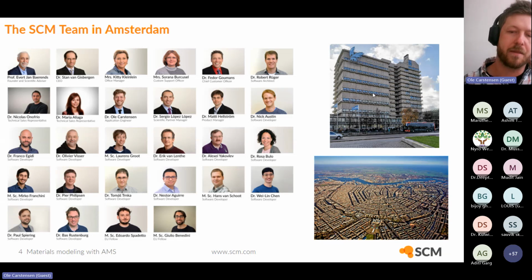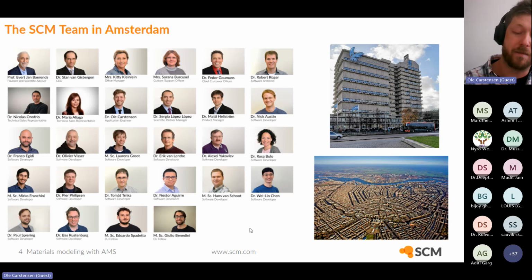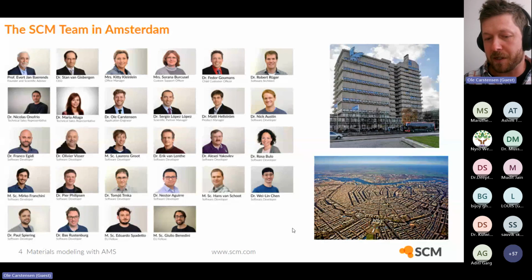This is just a picture of the front of the building. We are actually located in an office building behind this one. And this is an aerial view, top view of the city of Amsterdam in the Netherlands. Very nice, very old historic city. We are just not in this picture, just to the south a bit is where we are located.